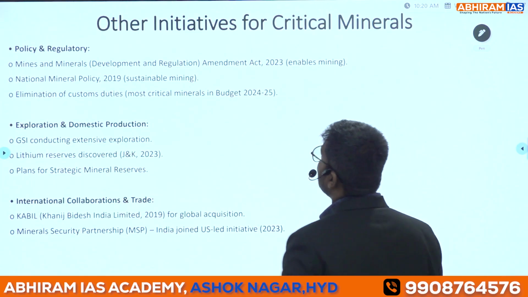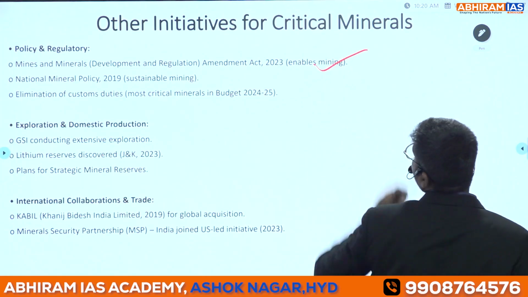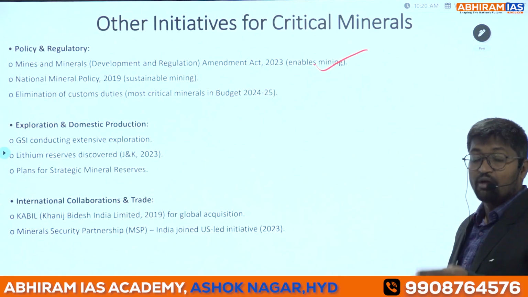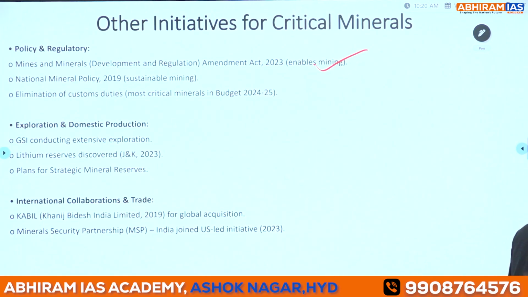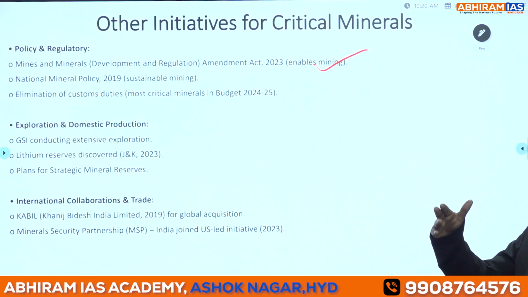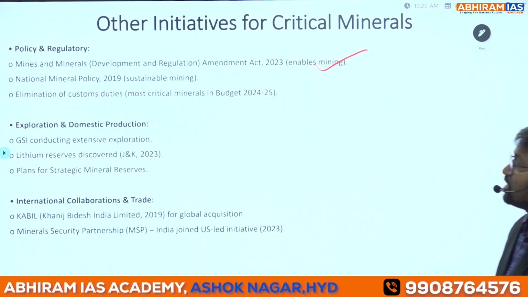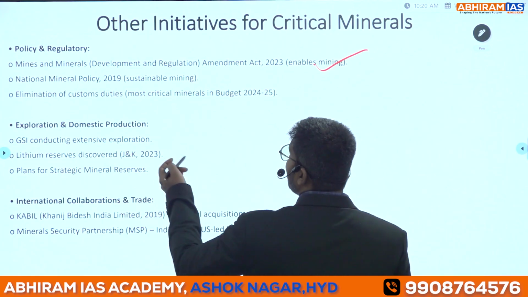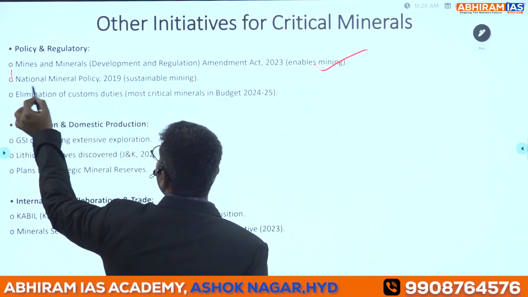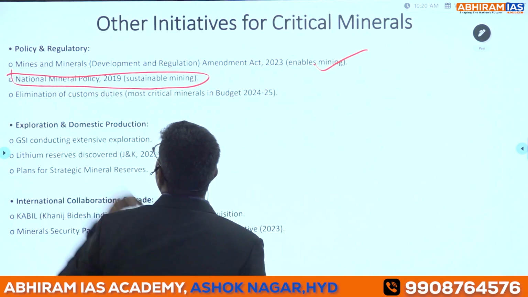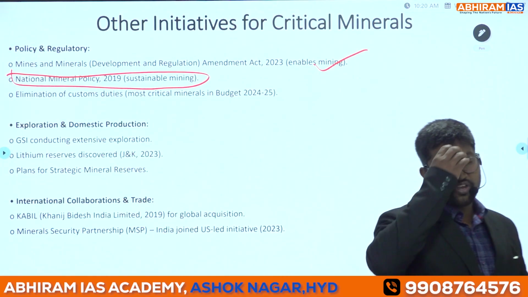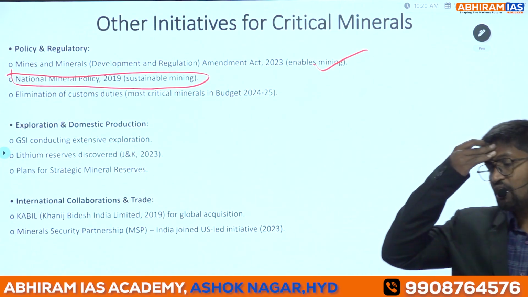Mines and mineral development, we are amending that and promoting mining rights to explore critical minerals. As I said, we are also looking into the regulatory mechanism. Next, we have formulated a policy called the National Mineral Policy 2019.